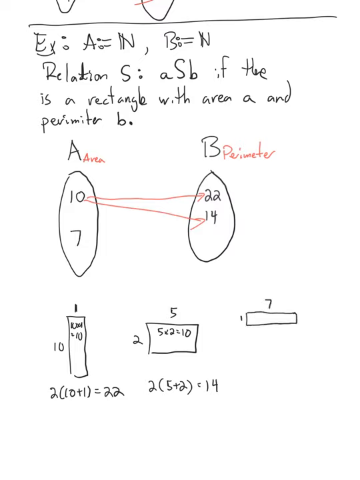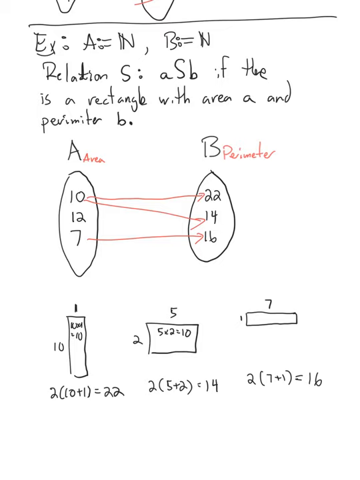So this has perimeter 2 times 7 plus 1, 2 sides of 7 plus 2 sides of 1, which is 16. So 7 is related to 16, and that's it. Well, let me think of something else, maybe let's do 12.